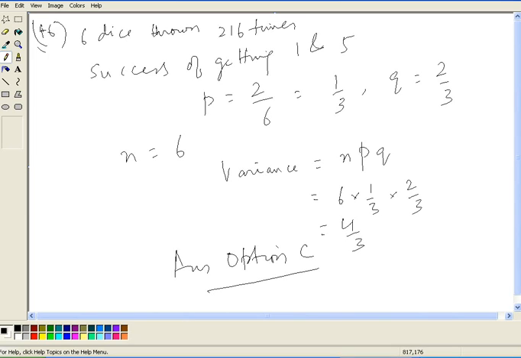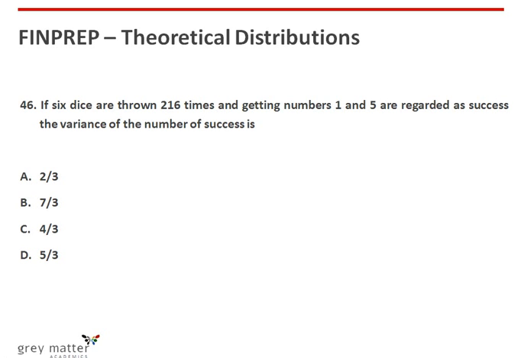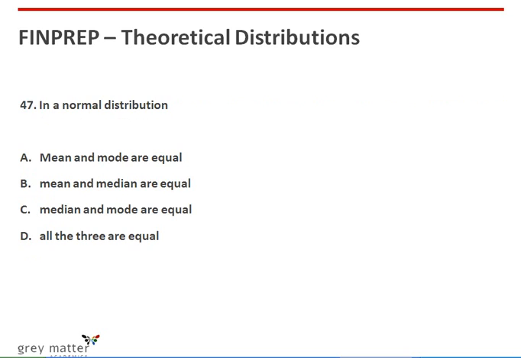Failure is 2 by 3. Now the value of n, that is the size, is equal to 6. Variance is equal to npq, which is 6 into 1 by 3 into 2 by 3, which is 4 by 3. So the answer is option C. Going back to our PowerPoint, it is option C, which is 4 by 3.